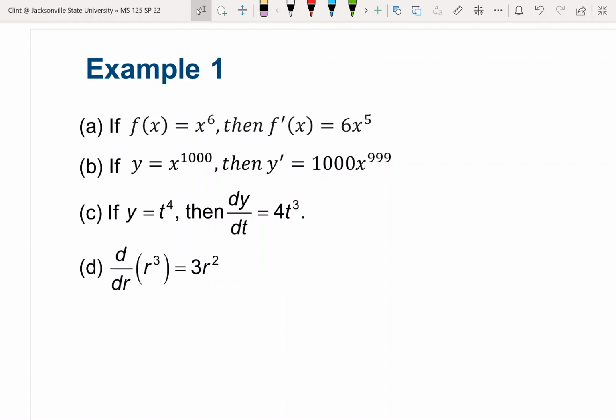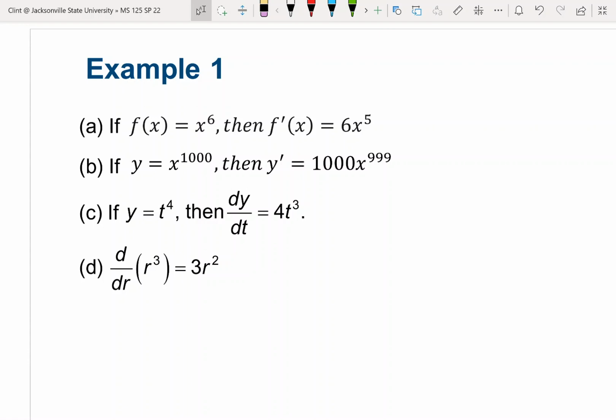I would not want to do the limit definition of a derivative for that one, because you would have x plus h to the 1000th, and you'd have to do x plus h times itself 1,000 times on top of that limit. Doesn't sound fun. So much easier to use the power rule here.